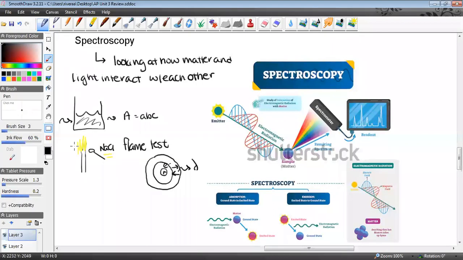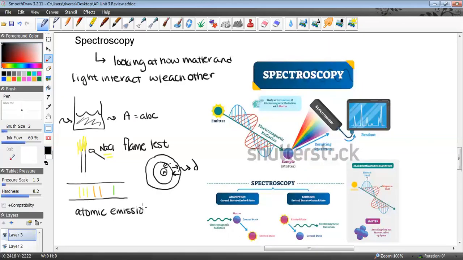We could also look at the color of light through a spectroscope, and you would see very distinct wavelengths of light being emitted. So for sodium, you'd probably get a lot of yellow and orange lines, maybe a green line in there somewhere. When you look at this light through a spectroscope and you see all of the distinct colors of light, these are called atomic emission spectra.